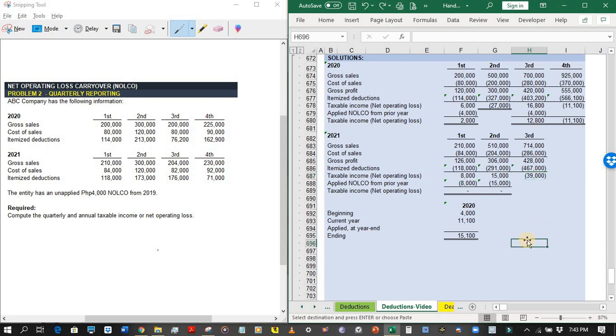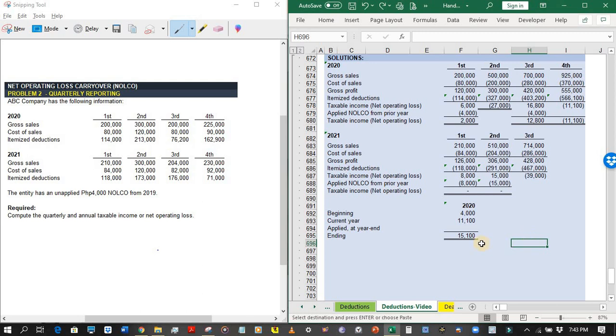So this is the reason why the application of NOLCO or computation of NOLCO is only final during the annual income tax return, because any NOLCO computed and applied during the first, second, and third quarter are not yet final because they may be reversed during the fourth quarter filing.